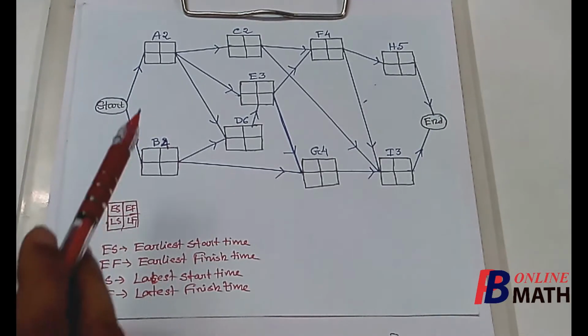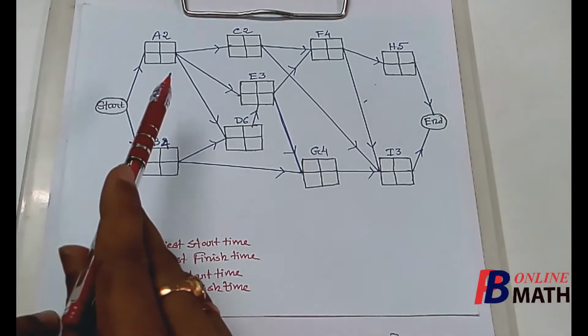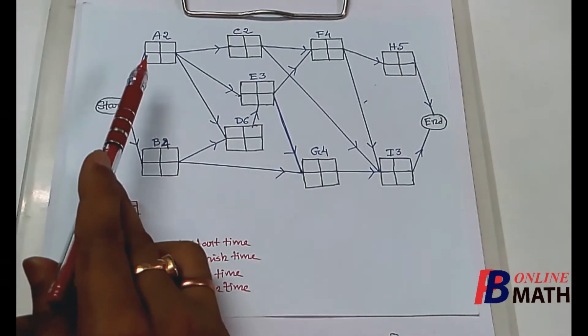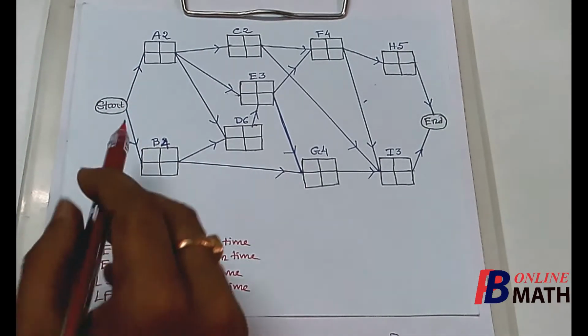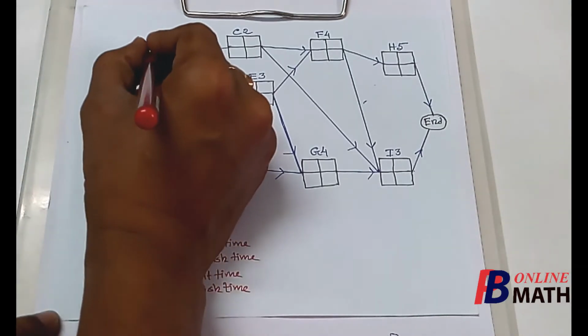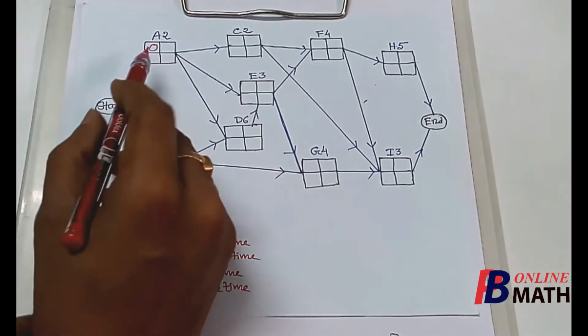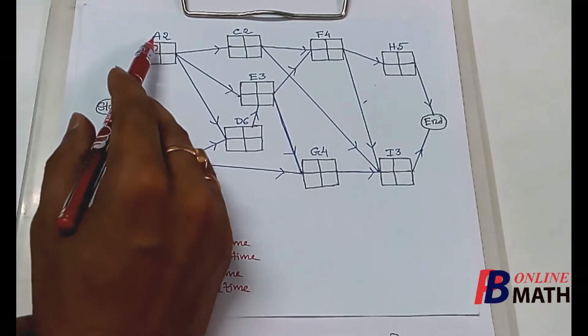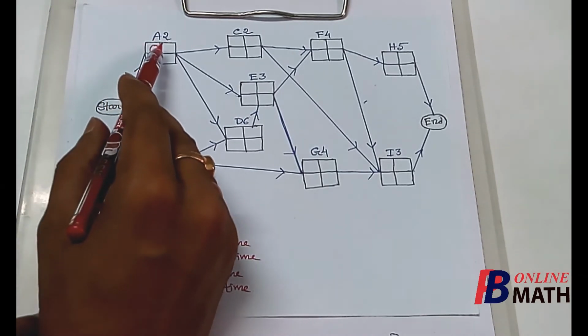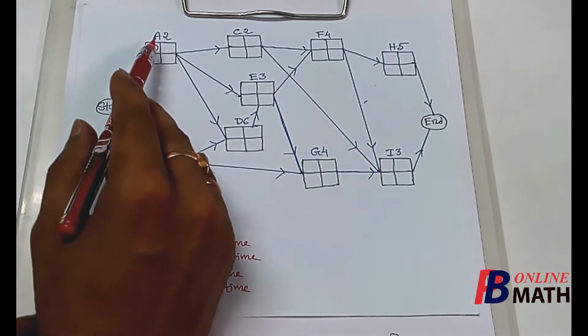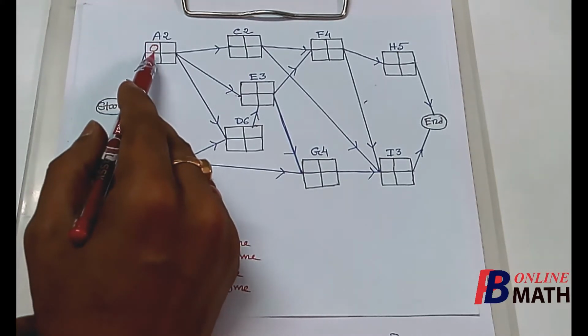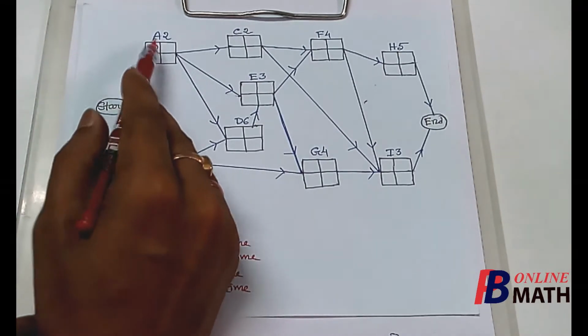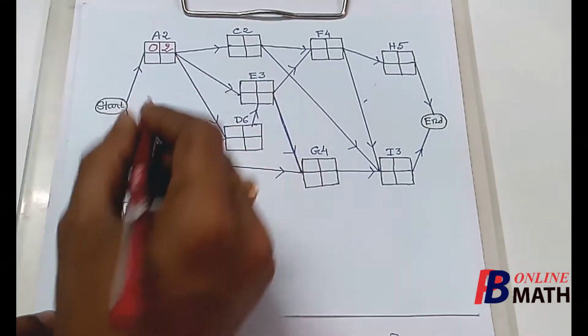So we start with the first activity A. Now here we find that the activity A has no immediate predecessor, so we can start the activity at 0 time. So this is the earliest start time of the activity A. Now the activity A requires 2 days to be completed, so the earliest finish time of the activity A will be 2.